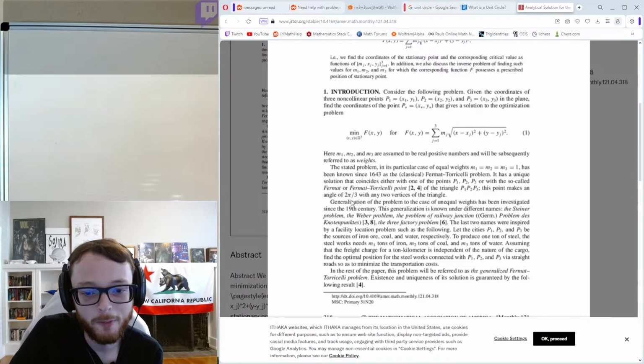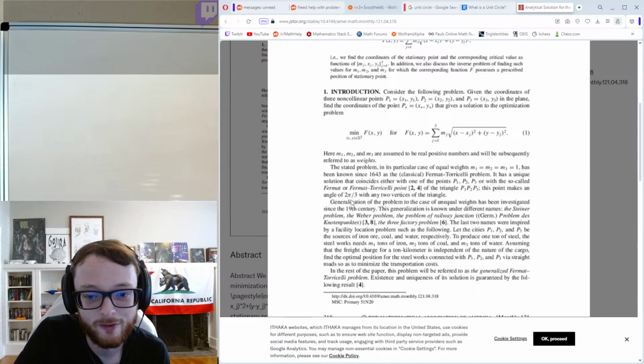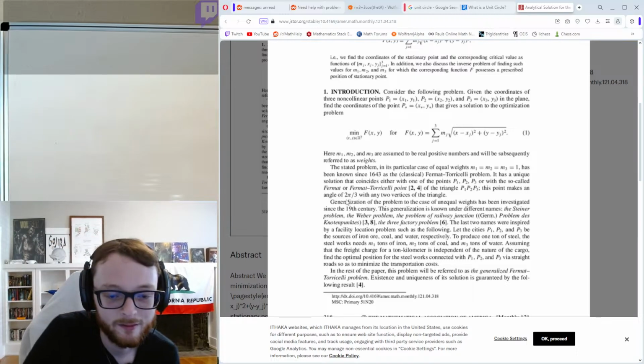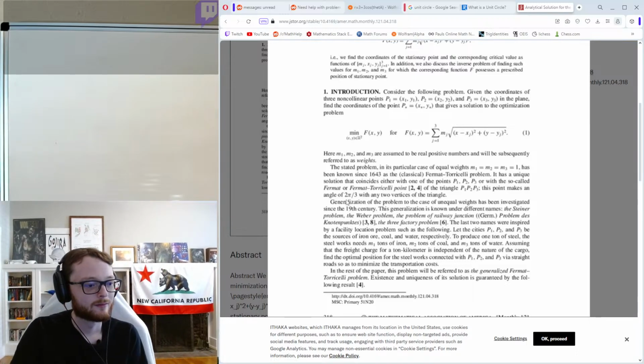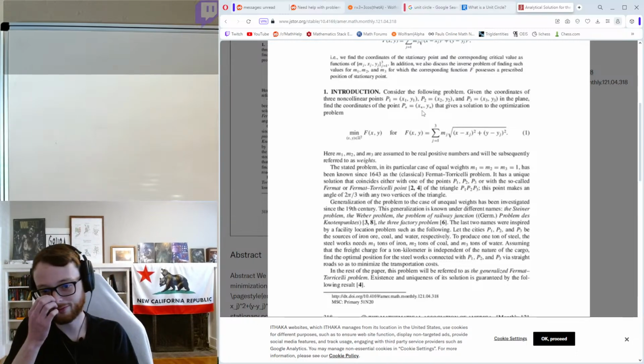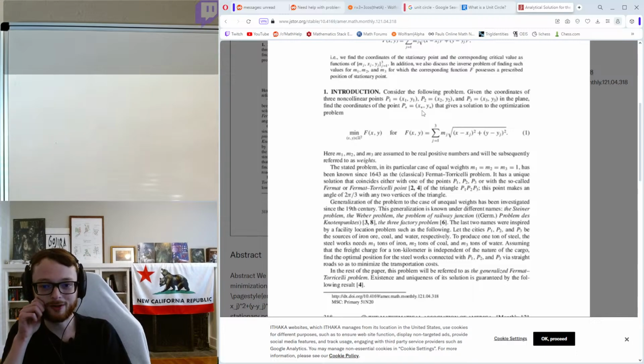It makes an angle of 2 pi over 3 with any two vertices of the triangle. I feel like that fits the circumcenter, one of the existing definitions of the center of a triangle, right?